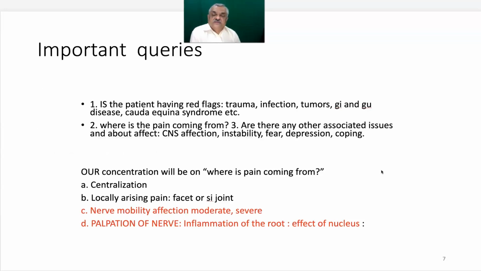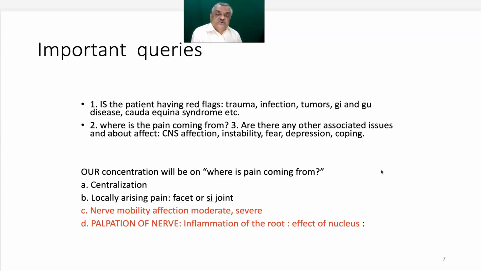Then we will have some important queries. This is mainly to make it very easy for us to understand that we are not dealing with anything very serious. And the queries are: is the patient having any red flags?